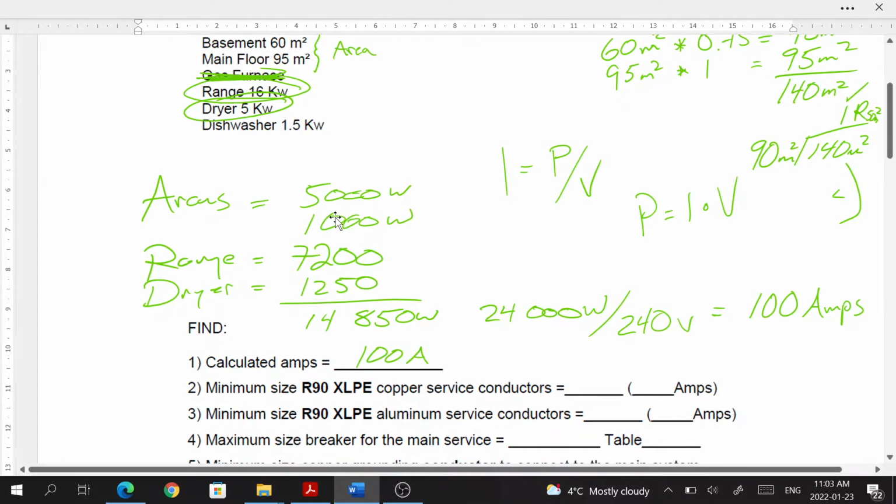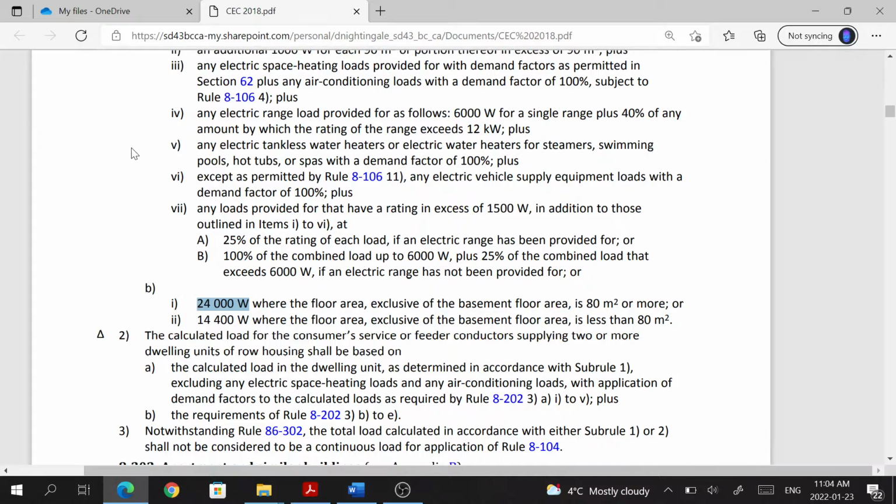Now we got to figure out what size conductors we're going to need for that 100 amps that is demanded by that house. So to figure out ampacity of conductors, we turn to table 1 to 4. And because we're dealing with copper, and we know that a service has to go through conduit or a cable, we're going to be dealing with table 2.